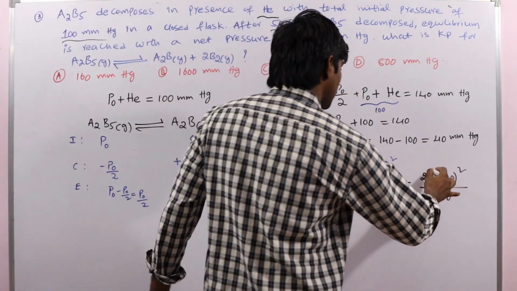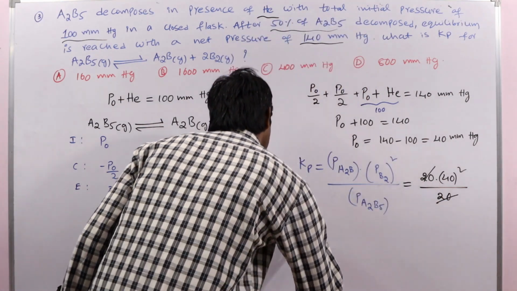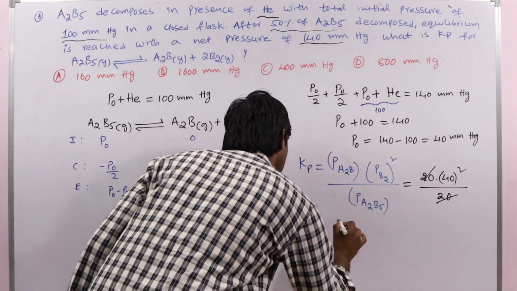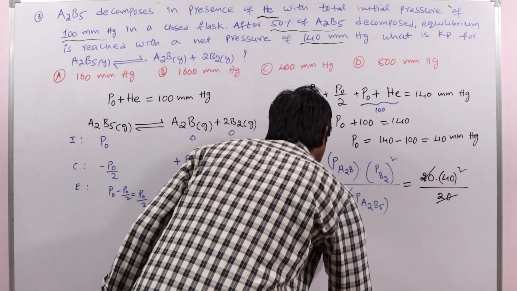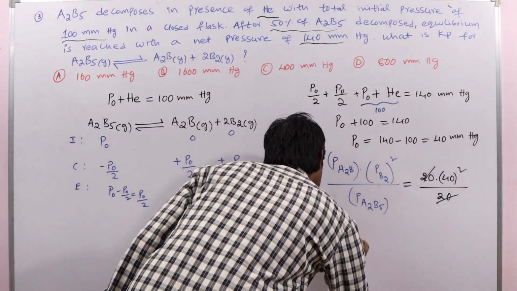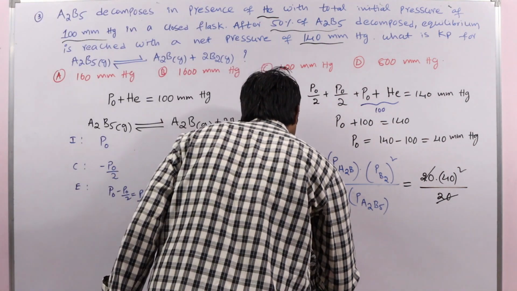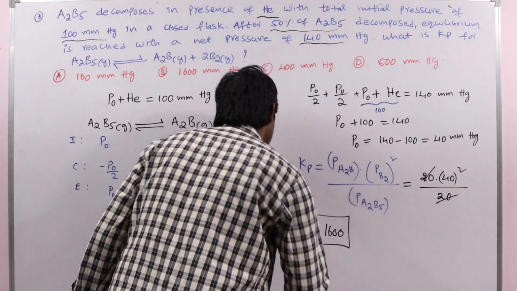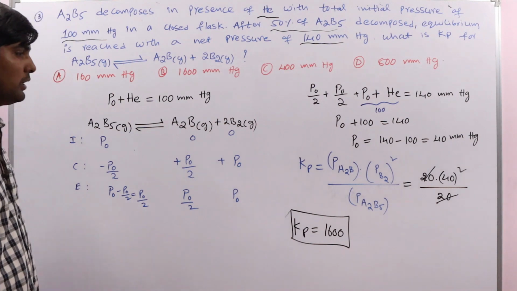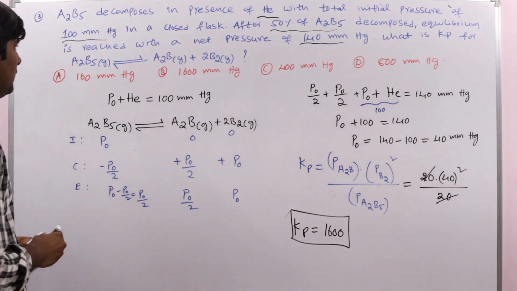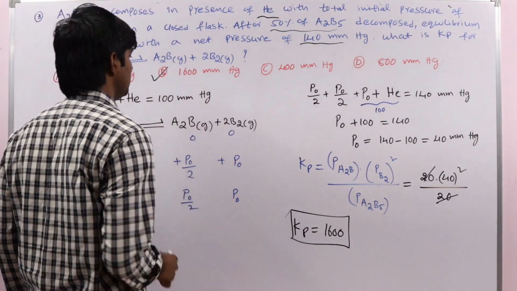See here, 20 will get cancelled. So finally we have Kp equal to 40 into 40. How much? 1600. So the Kp value is 1600. So the answer is B.